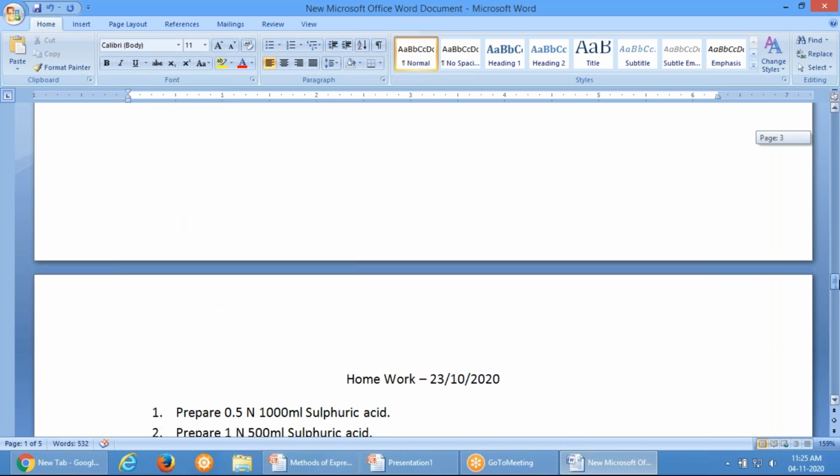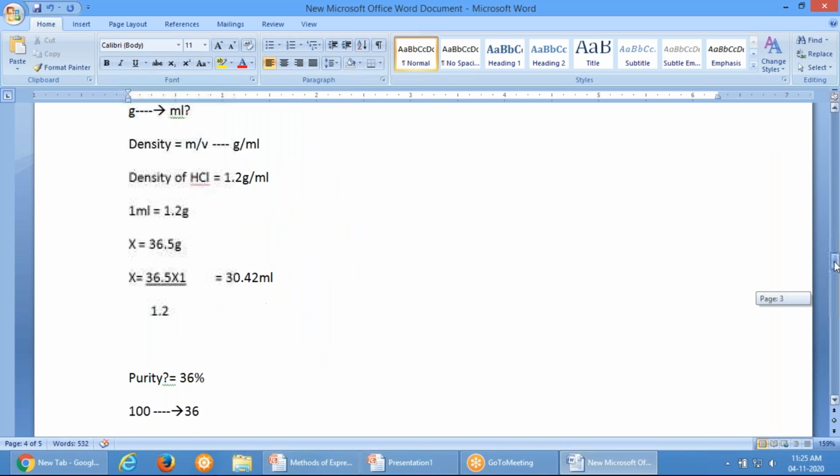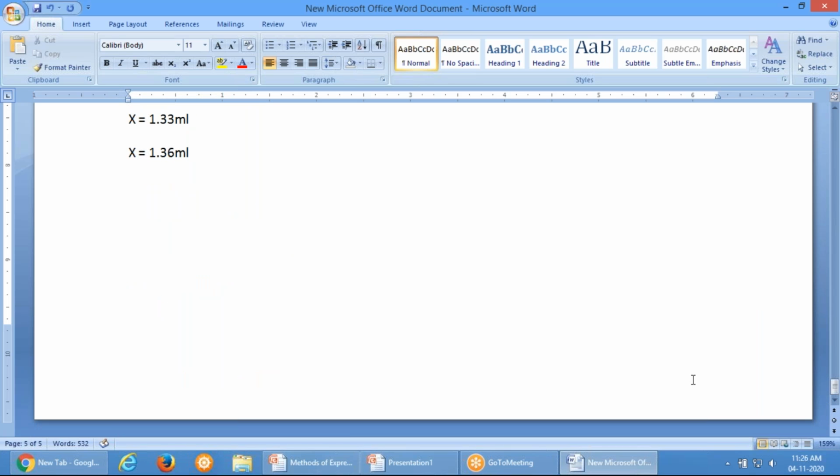So next is oxalic acid. What is the molecular weight of oxalic acid? 126. COOH, COOH. So how will you calculate? We have carbon. What is the molecular weight of carbon? 12.